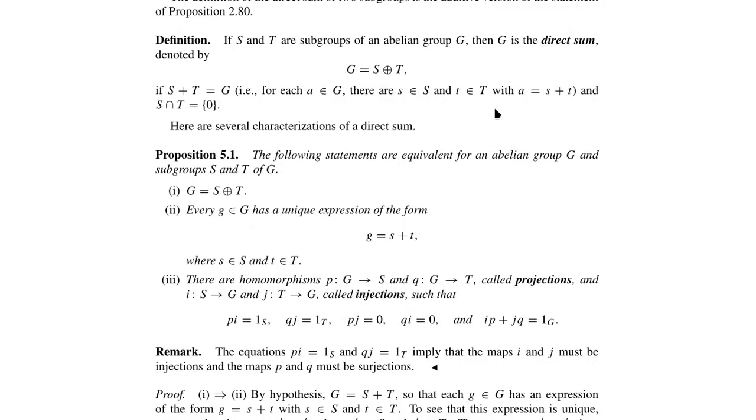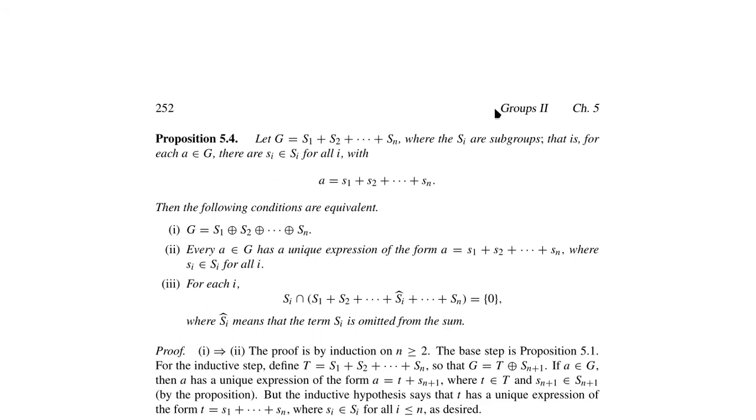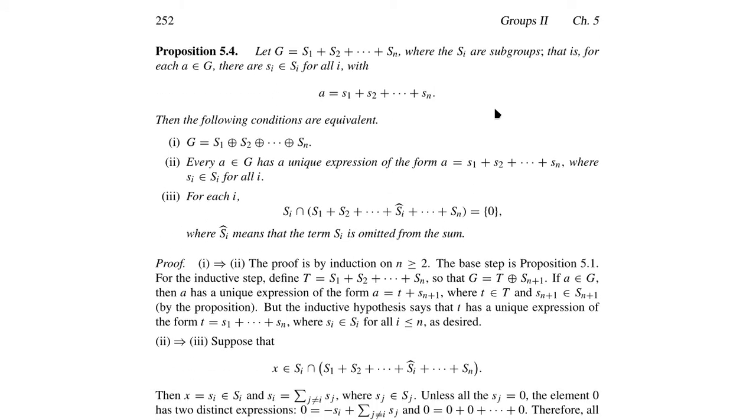So the direct sum, we'll go through some of those, but there are some important things, and others are kind of generalizations of those. Like this one, for example. This is just a generalization of what you had in the case of two summands, and the proof is pretty much the same.